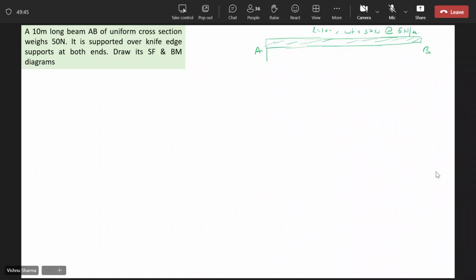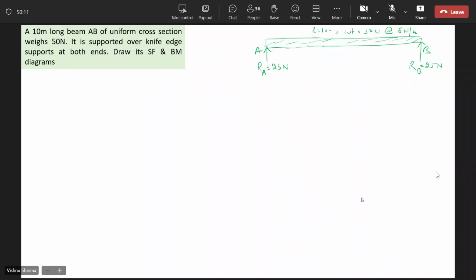It was supported on knife edge support at both the ends. And then we calculated the reactions. We got RA as 25 newtons and RB as 25 newtons. Am I right, guys? Yes or no? Correct, class? So far, so good, guys. This question we had done yesterday, right?